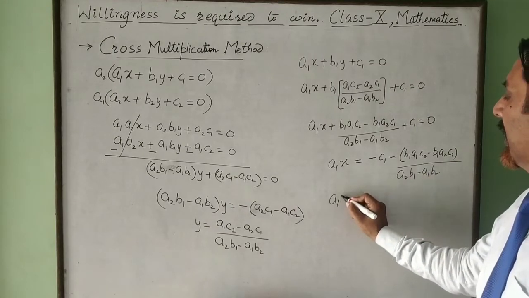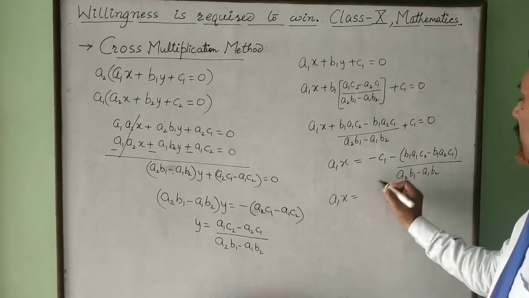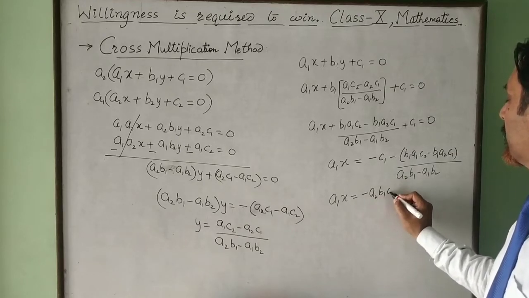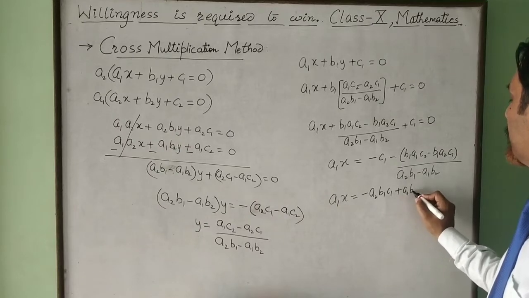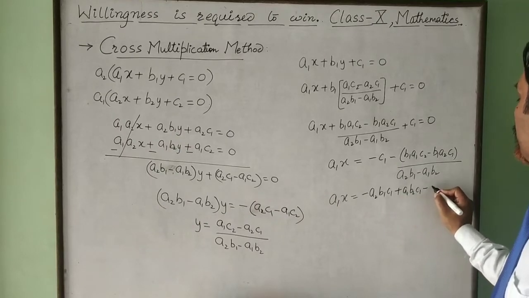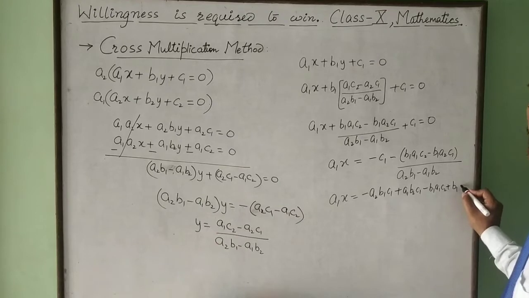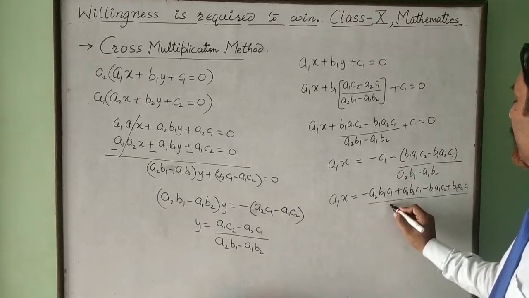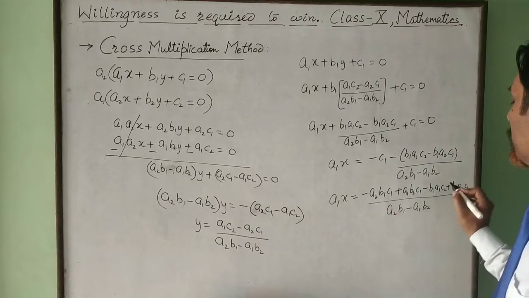So a1x is equal to minus a2 b1 c1 plus a1 b2 c1 minus a1 b1 c2 plus a2 b1 c1 upon a2 b1 minus a1 b2.